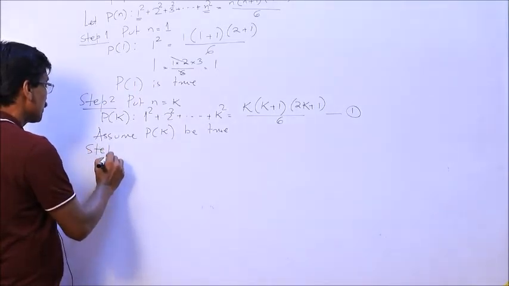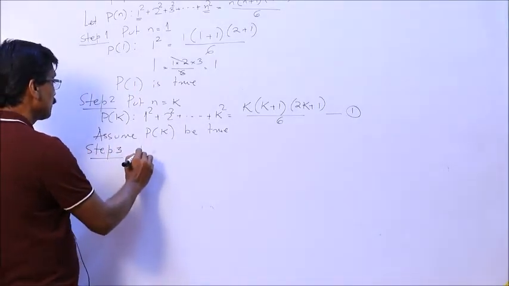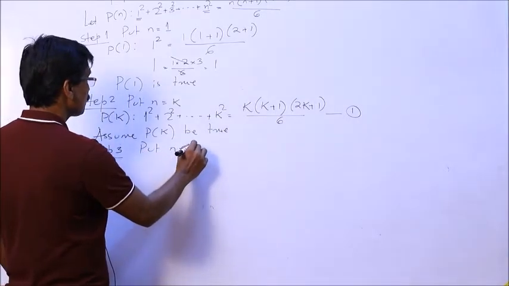Next, the third step is put n is equal to k plus 1.